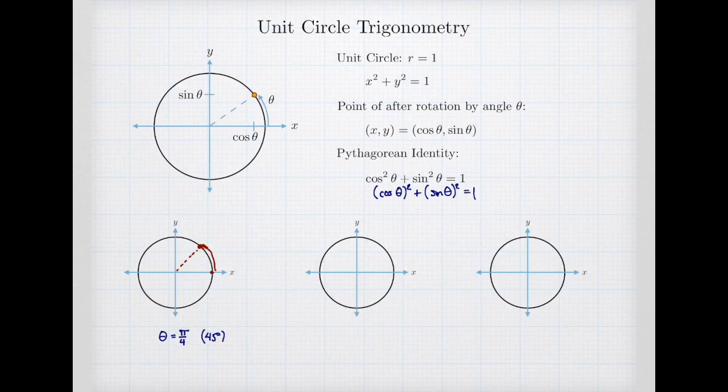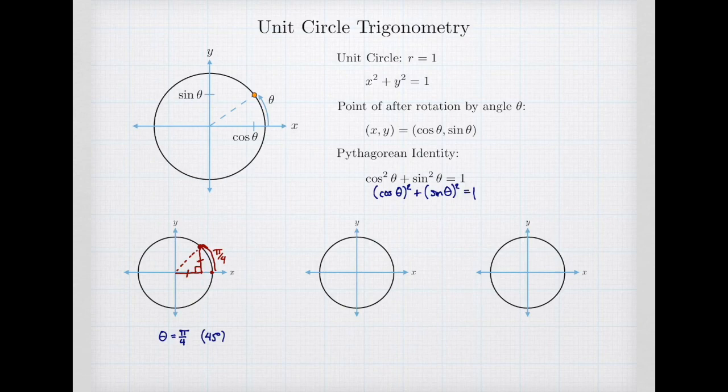And so I am at an angle pi over 4. Now, the thing that's important about a 45-degree angle is that in the triangle I form with 45 degrees, these two legs of the triangle are equal in size.